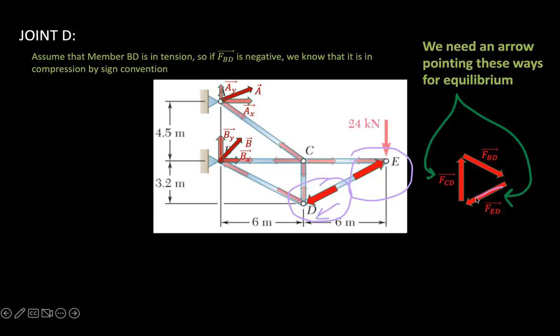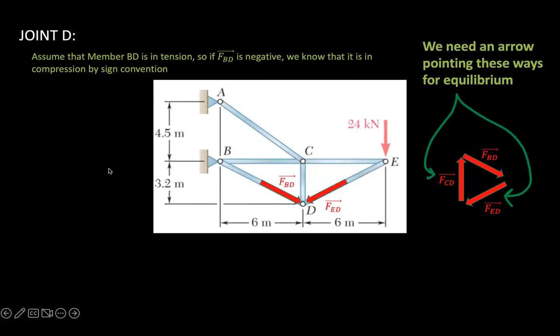So we can draw the vector in this way. FED, there you go. And FCD as a vector points from D to C. So we now have the unit vectors along DE, DC, and BD.